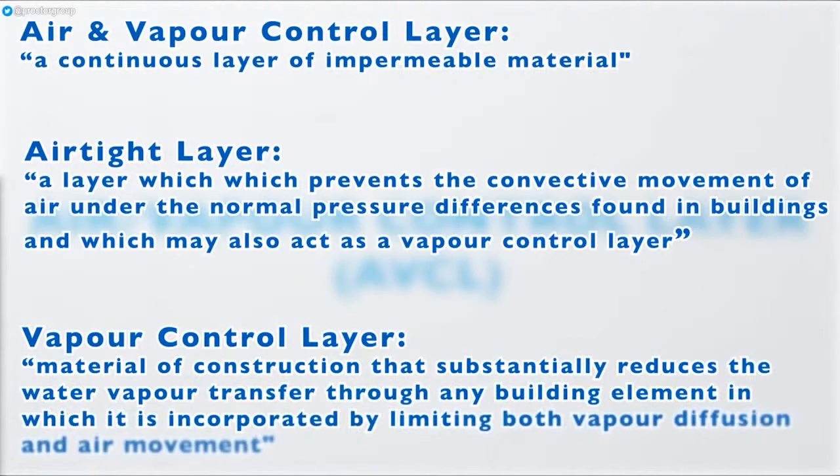Vapour control layer: a material of construction that substantially reduces the water vapour transfer through any building element in which it is incorporated by limiting both vapour diffusion and air movement. The addition of air movement to this definition means that all vapour control layers function as an air barrier. However, there is an important caveat.